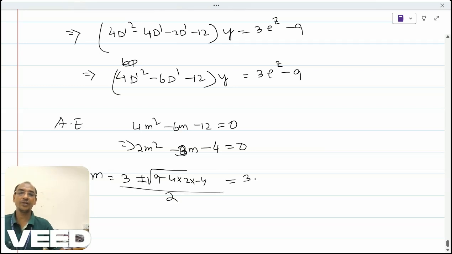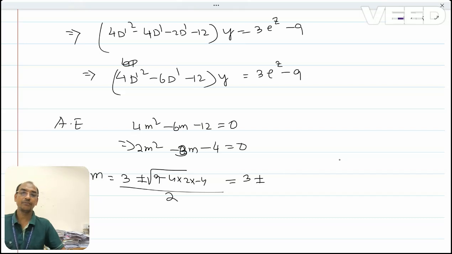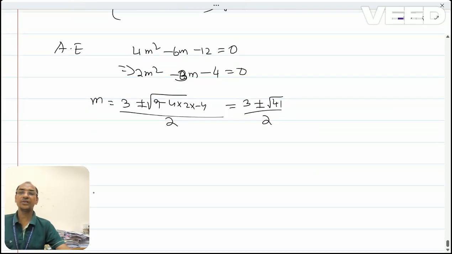So that will be 3 plus or minus root over 9 plus 32, 4 into 4 is 16, 16 into 2 is 32, 32 plus 9 is 41, root over 41 divided by 4. So the roots are real and distinct.